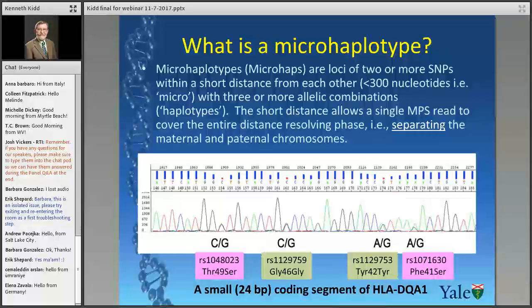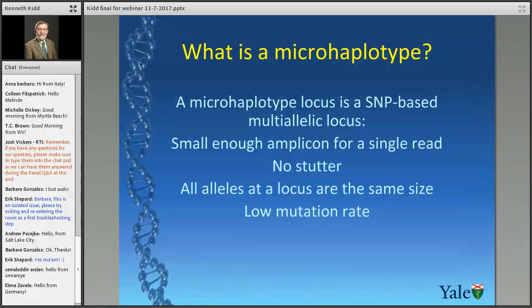And here is a Sanger sequence of a small coding segment of HLA-DQA1. And 2 of these SNPs result in amino acid changes. 2 of them are silent. But keep this in mind. I'm using this as an example throughout here.